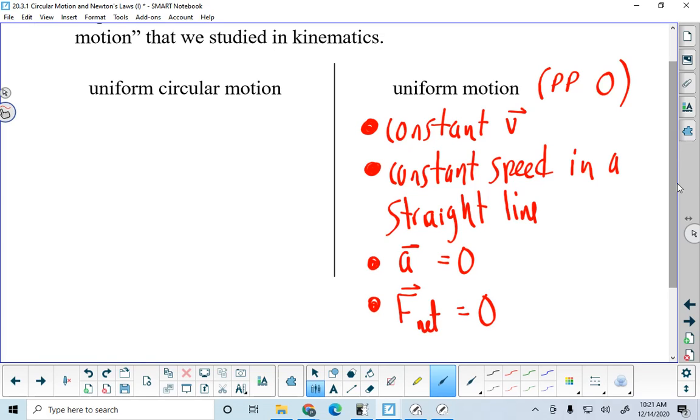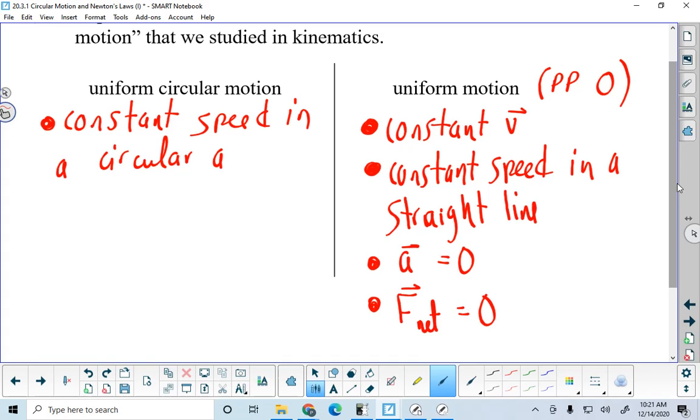Uniform circular motion is constant speed in a circular path. And what that means is changing velocity.